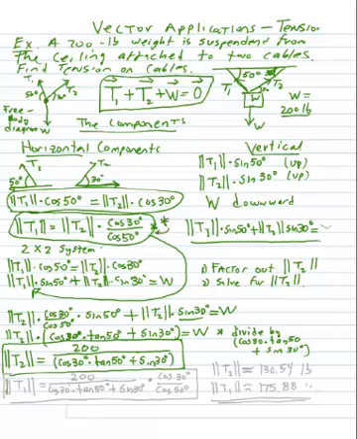The magnitude of T1 is equal to the magnitude of T2, 200 divided by the cosine of 30 times the tangent of 50 plus the sine of 30 degrees, and then we multiply that by cosine of 30 degrees divided by the cosine of 50 degrees.